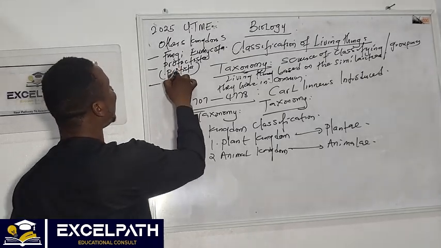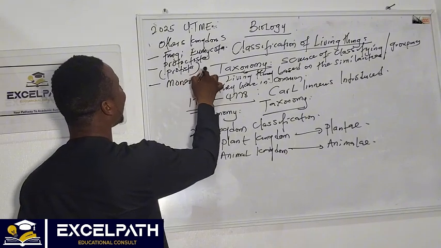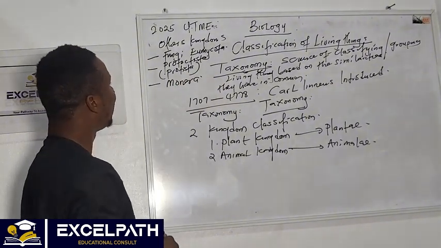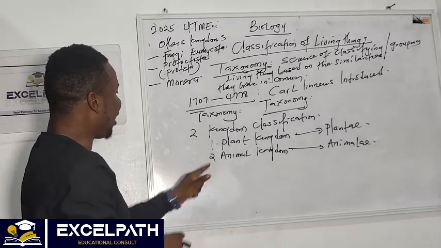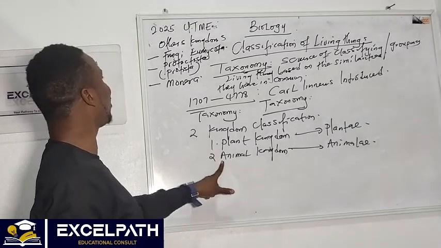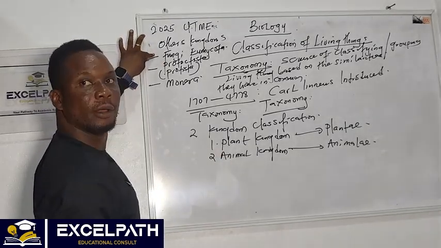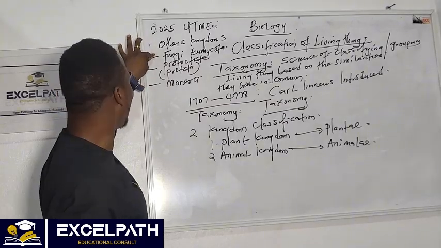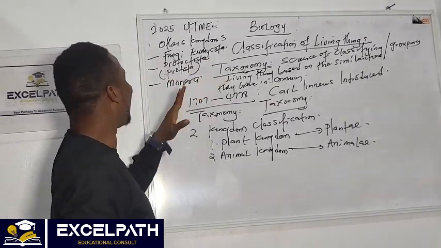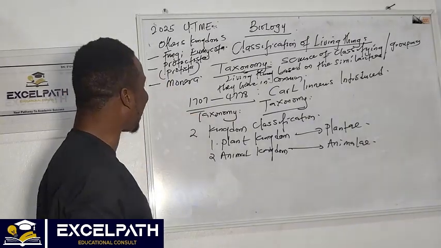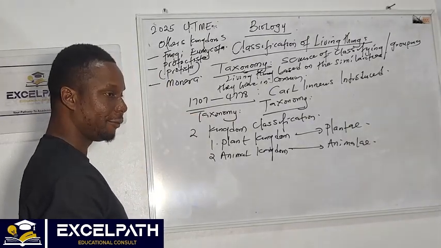The last kingdom is called kingdom Monera. So we have the plant kingdom, animal kingdom, kingdom Fungi, kingdom Protoctista, and kingdom Monera. These are the 5 types of kingdom we have.